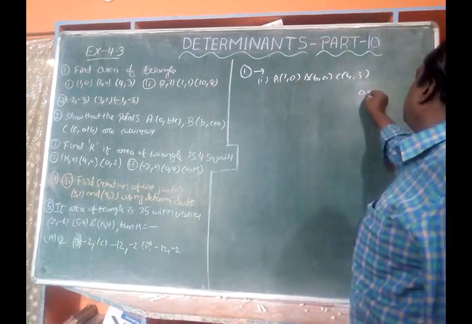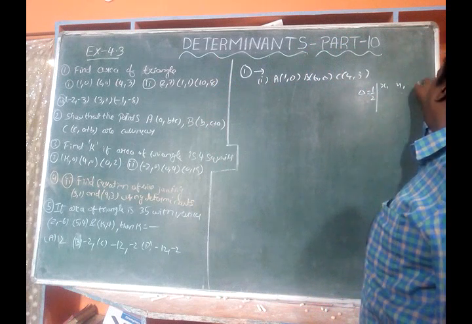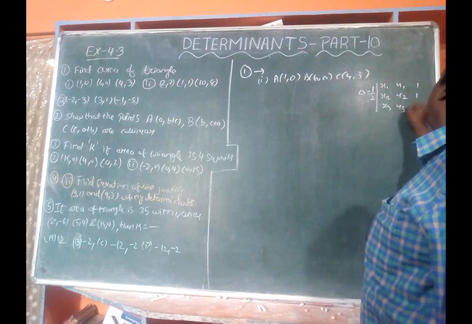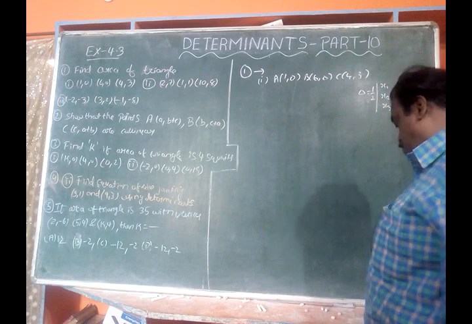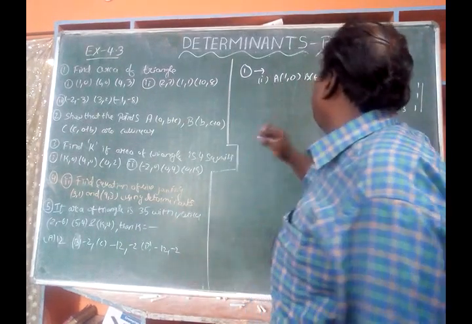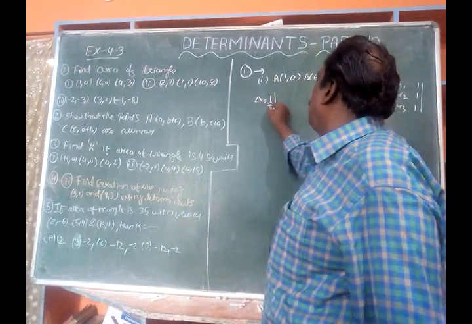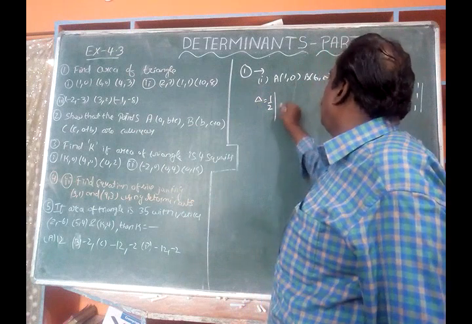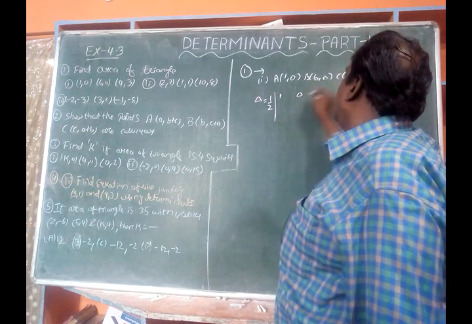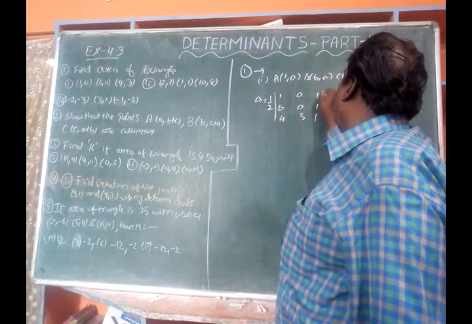Delta is equal to 1 by 2 with the modulus of the determinant x1, y1, 1; x2, y2, 1; x3, y3, 1. Like that, here delta is equal to 1 by 2 with the modulus of the determinant 1, 0, 1; 6, 0, 1; 4, 3, 1.